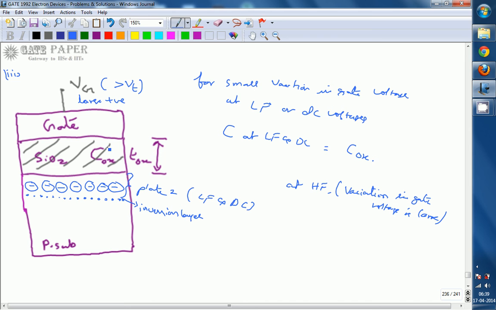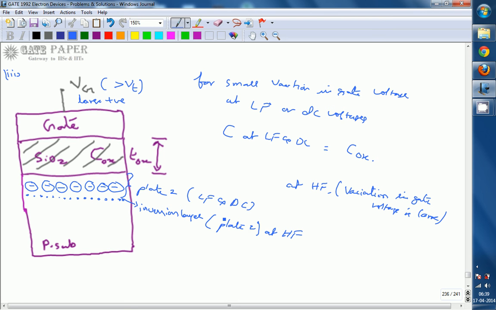So the mobile charge carriers, the inversion layer electrons, are affected by high frequency, so it will change. By that time only the inversion layer will be treated as plate 2 at high frequencies. The depletion layer will not be treated as plate 2 for high frequencies.